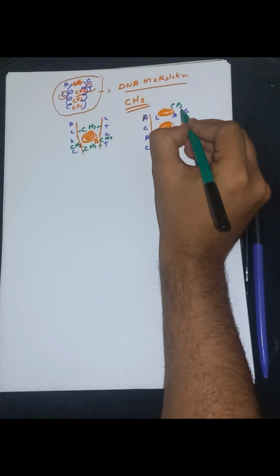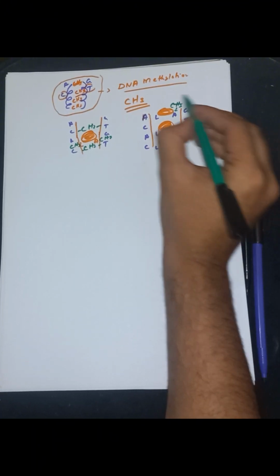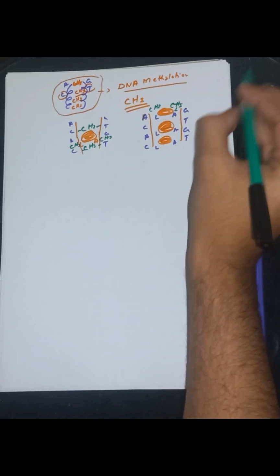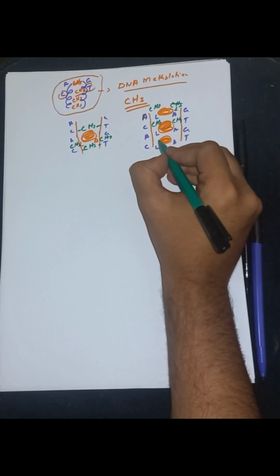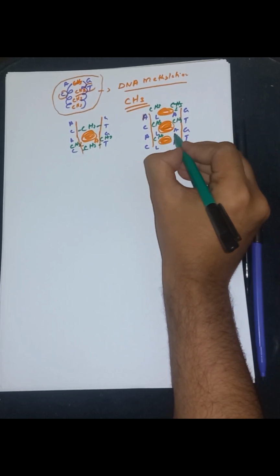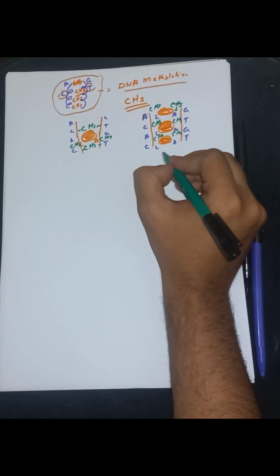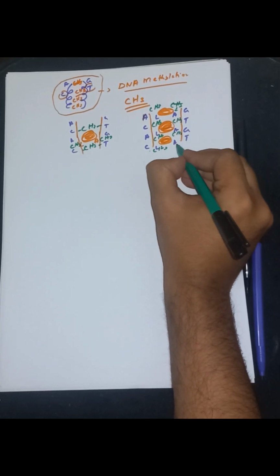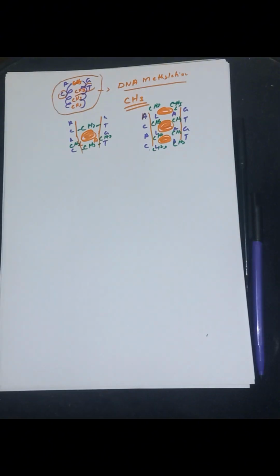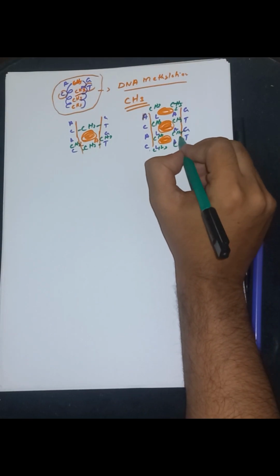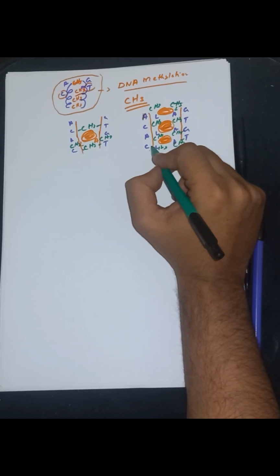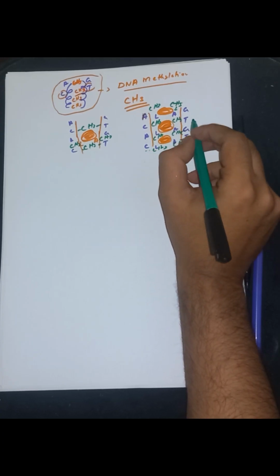A methyl group will come and attach with this arginine and lysine group, and here as well, and with cytosine as well, and again with lysine and arginine, and again with cytosine and guanine. So now look how condensed this is starting to become. Actually it attaches with guanine, not thymine, it was a mistake, sorry. So it is attaching to the cytosine and guanine.